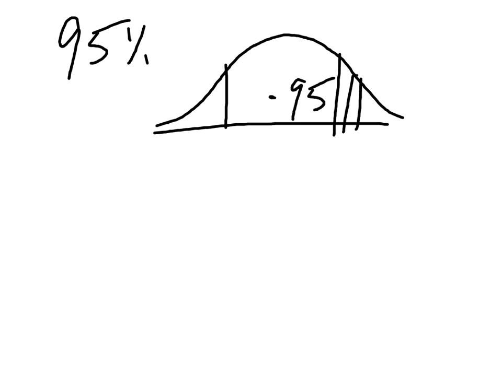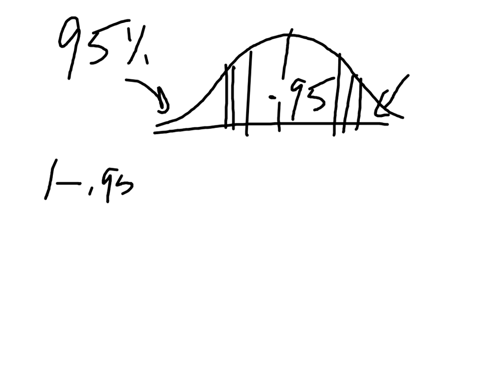Here's the area in which our sample means would fall, and then we've got two other areas to take care of there. Okay, and if we have a confidence level of 95%, then we would go 1 minus 0.95, that's 95% as a decimal, and that would give us 0.05, and that would equal our alpha.